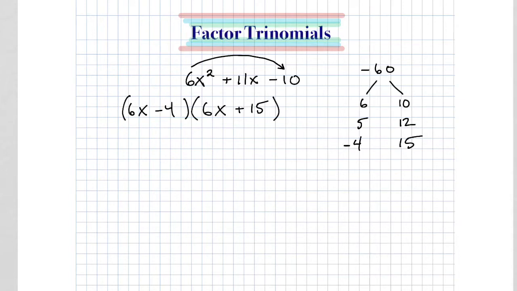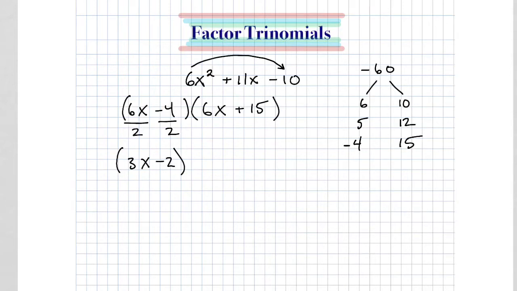The next step is to find a common factor in each one of these. What's the greatest common factor of 6 and 4? We know that's 2. So we divide by 2, and that leaves us 3x minus 2.